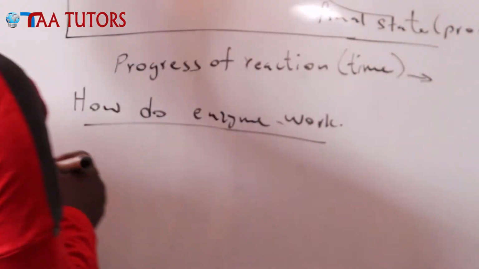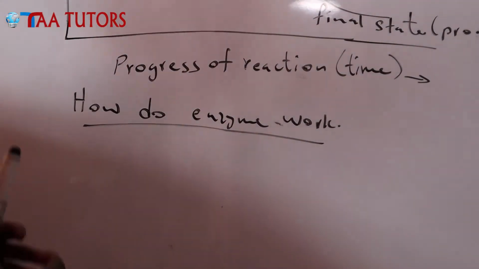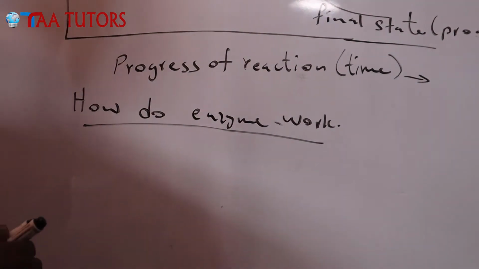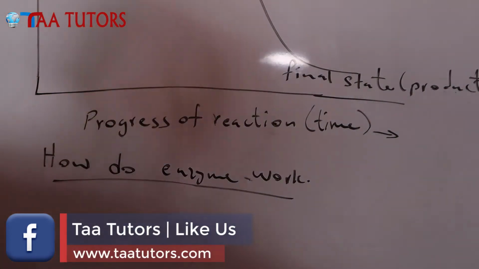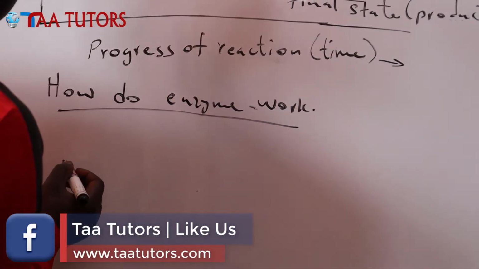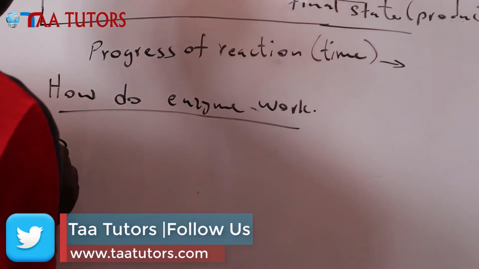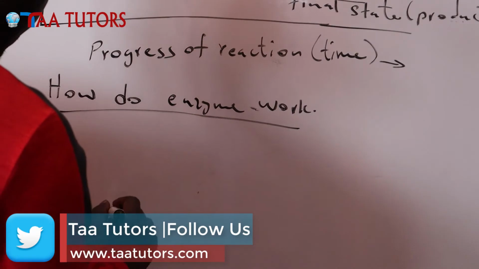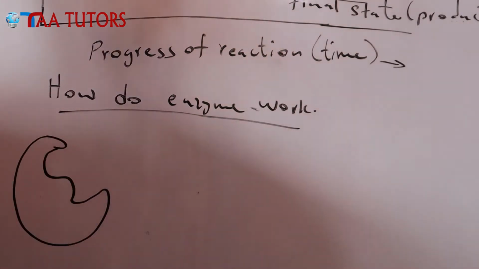So number one thing that I want us to note is that as much as the enzyme is a molecule, a protein molecule that helps us in speeding up the rate of reaction, this molecule actually has a site. So maybe I can indicate it here like this. This is the enzyme. There is a site for it here.